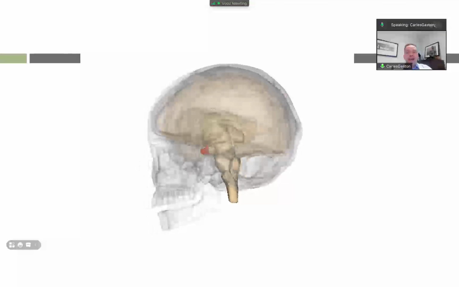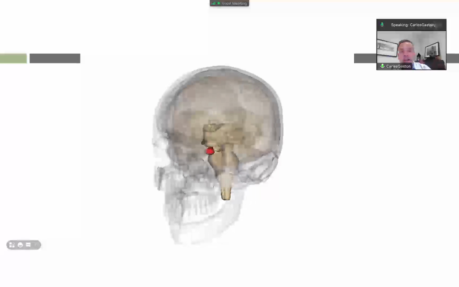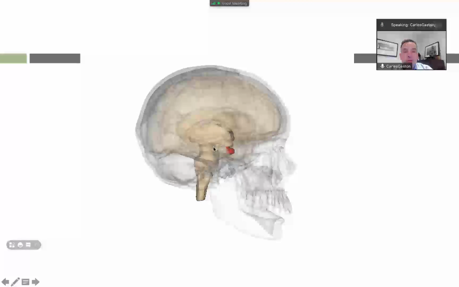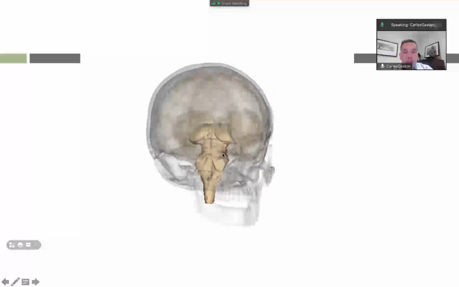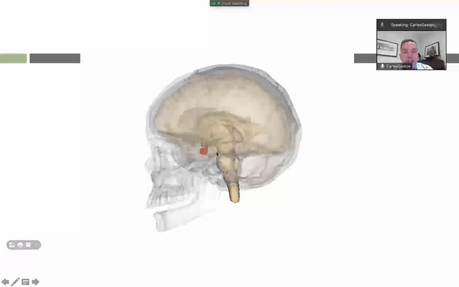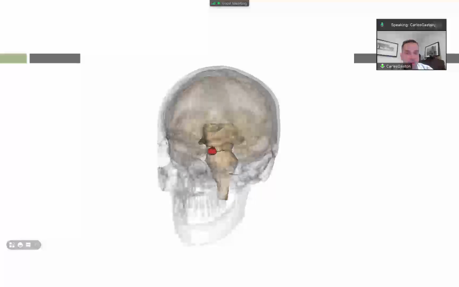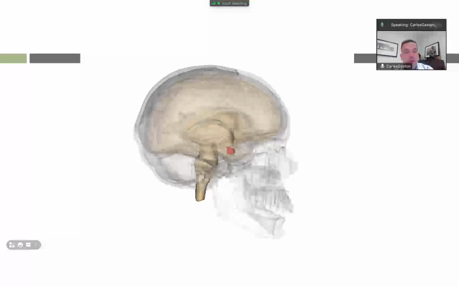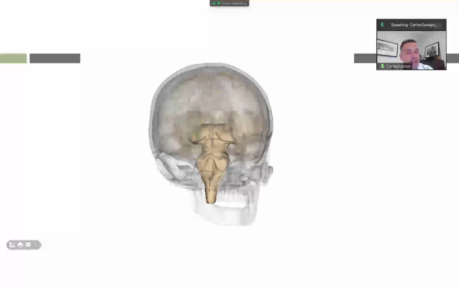So what you can see, guys, here is a 3D structure of the skull turning. And if we pay close attention, what we can see here in red is the pituitary gland, which is the size of a pea. This gland secretes multiple hormones that we will cover that regulate the homeostasis of the body, such as metabolism, reproduction, stress response, growth, lactation.